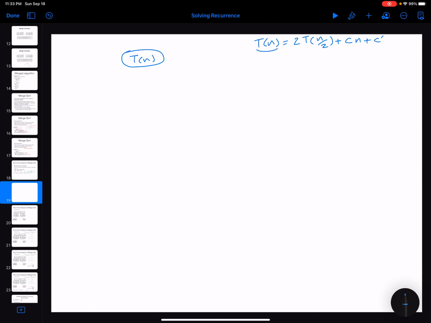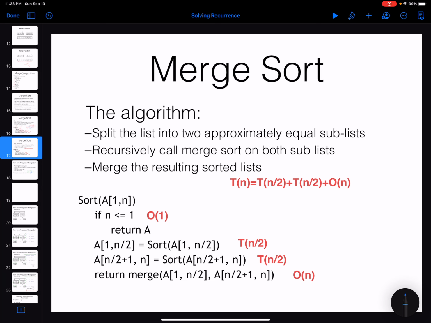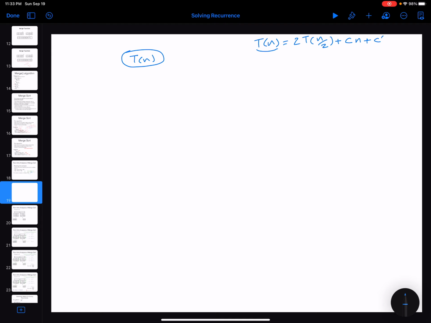If you go back to your original algorithm, you can just think of T of n as the original function call for sorting an array. So I have a box that shows what is the cost of the first recursive call of the merge sort. What is the cost of that?